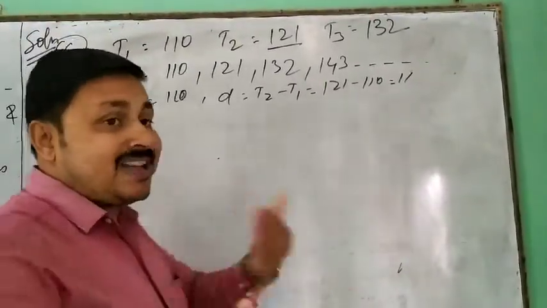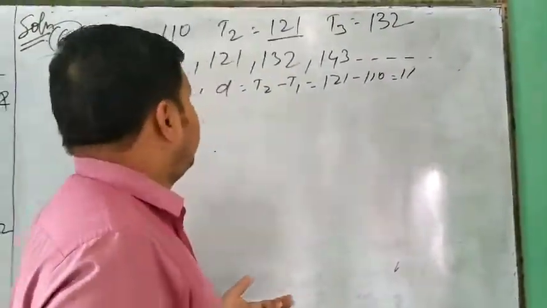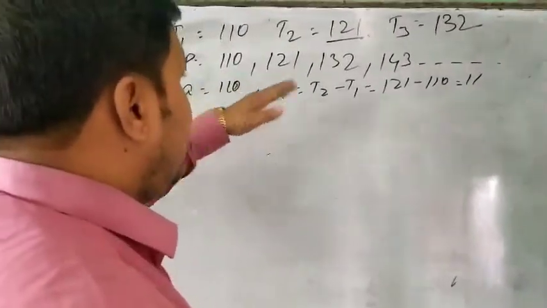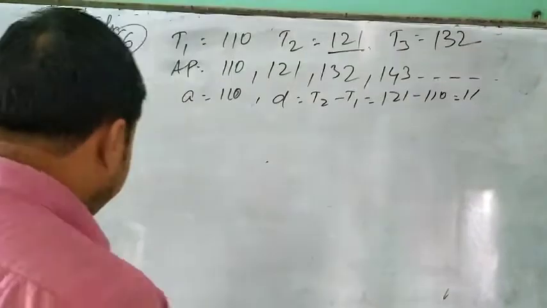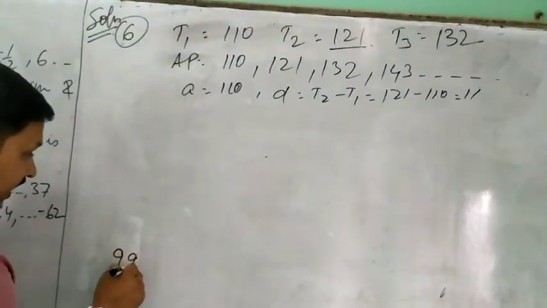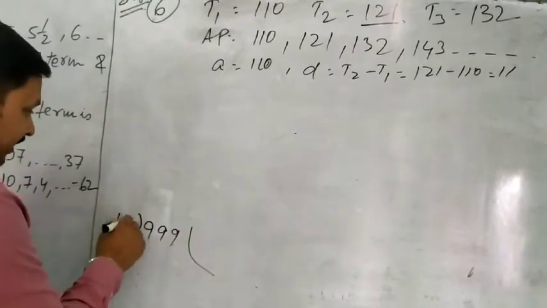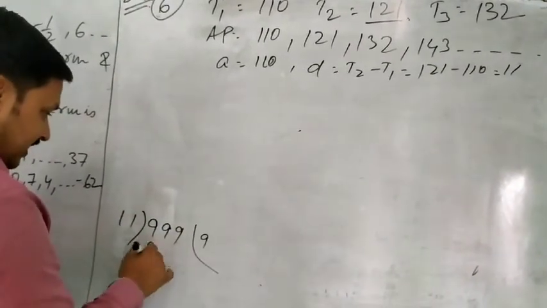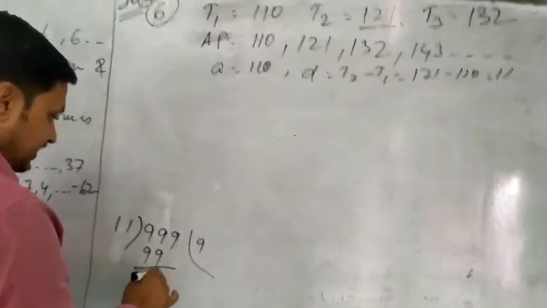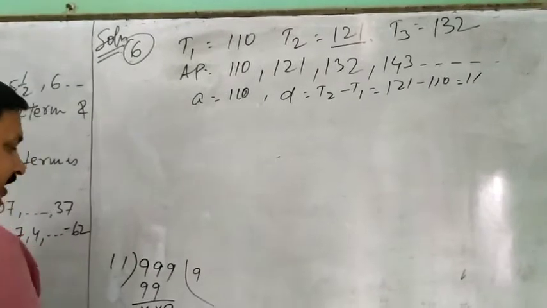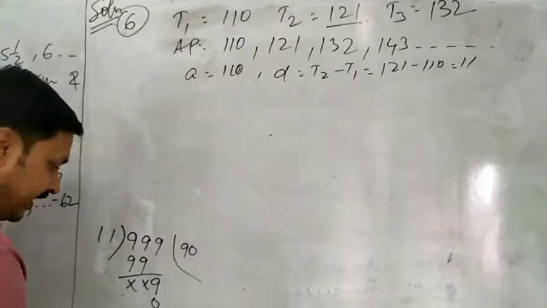So what is the last term? The last 3-digit number divisible by 11: we take 999 and divide by 11. 11 9s are 99, cancel, 9 is written as 0, and your remainder is 9.